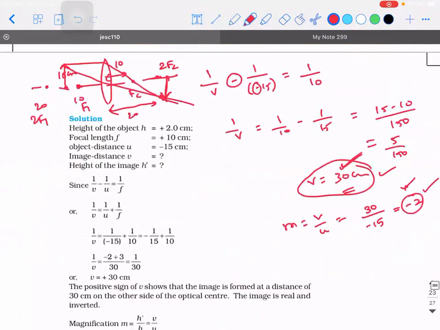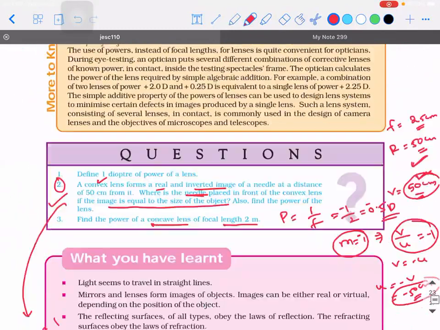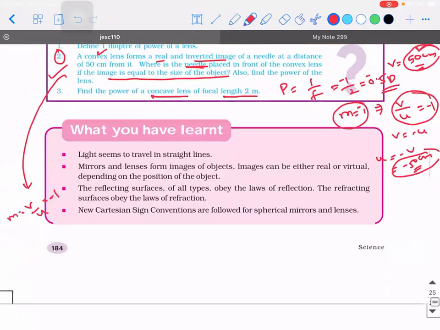So I put a minus sign for 1. I didn't put a minus sign in the formula. Oh, okay, sir. I understood. That is why I got V is equal to minus U. And I told you one more point. With respect to a lens, if it is real and inverted, image distance and object distance should definitely be on opposite sides. Okay, sir. That is the reason.